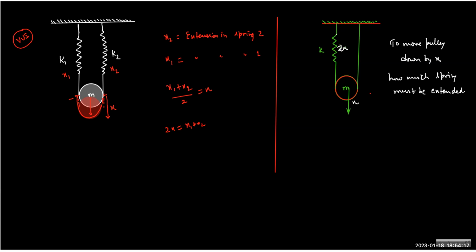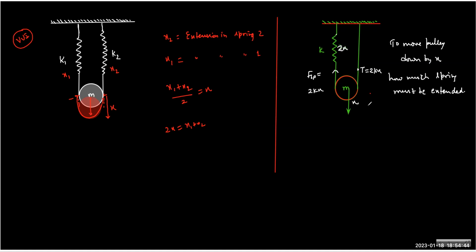And if it will elongate by 2x, what is the spring force it will create? 2kx, isn't it? Hello, hello, hello. Yes, sir. And the rule is when the spring is creating 2kx, the connected string will have the same tension. So even T is actually 2kx here.